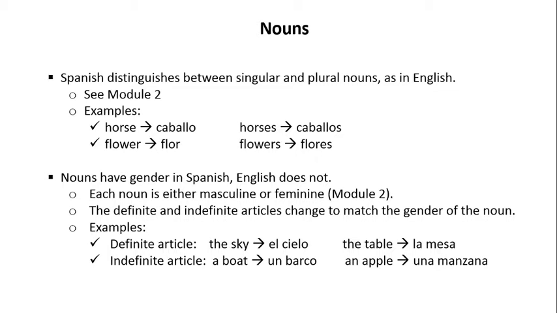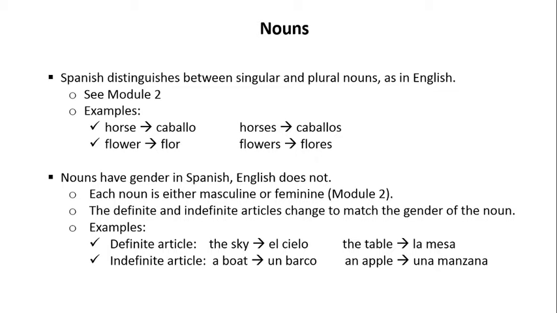So the rule in Spanish is if the noun ends in a vowel, we add s to the end of it to make it plural. Now let's take by comparison the word flower. In Spanish is flor. Now the plural of flowers is flores. So flor ends in a consonant. The rule in Spanish is we make it plural by adding es.